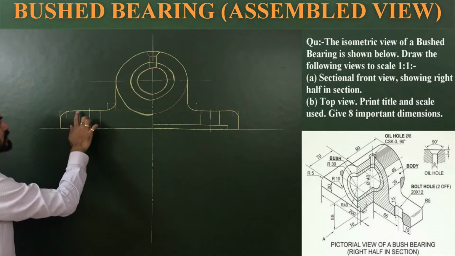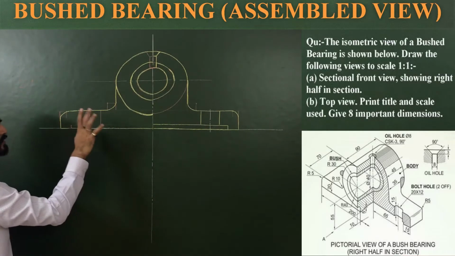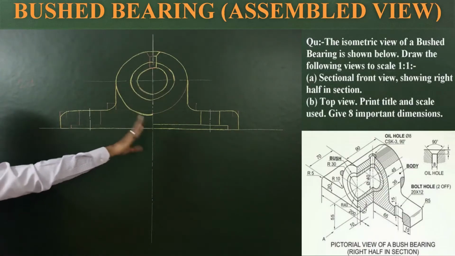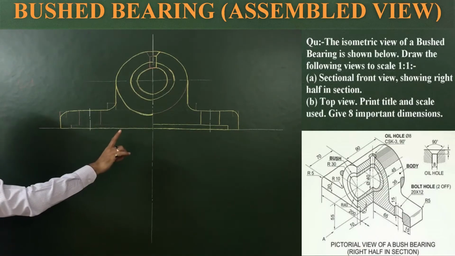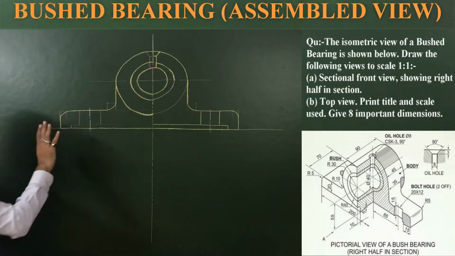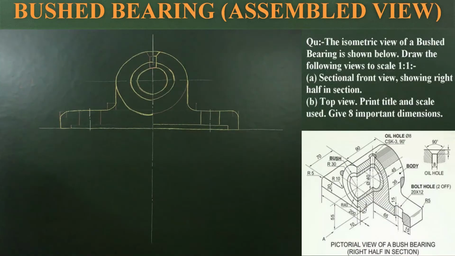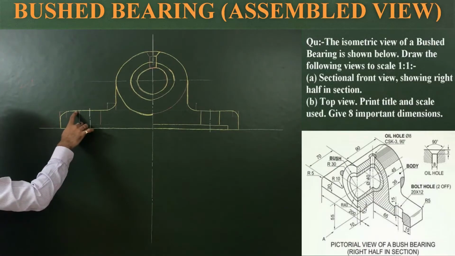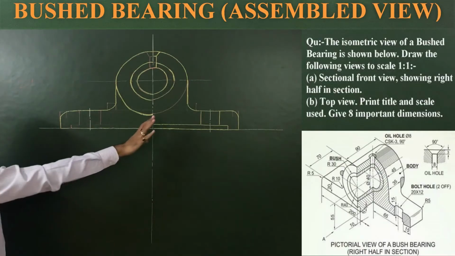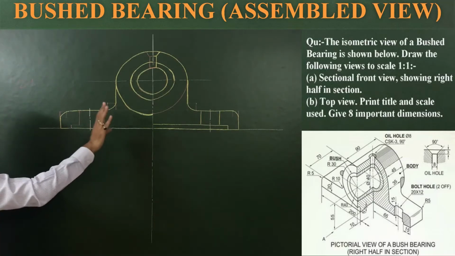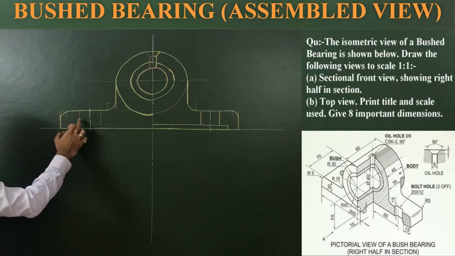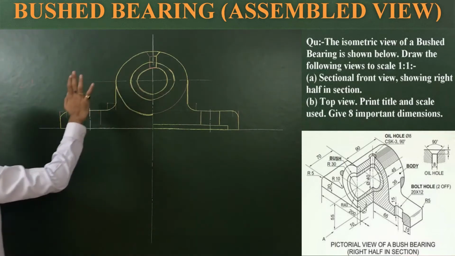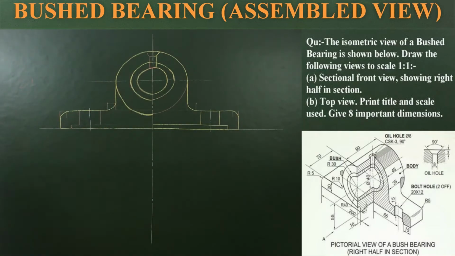So please don't draw hidden lines, just ignore them as per CBSE. Now I'll request you to please go through your question paper. As per the question paper, show hidden lines or just ignore them. So please go through the instructions of your question paper for these hidden lines. In this problem, we are ignoring hidden lines, so we don't have to show them.